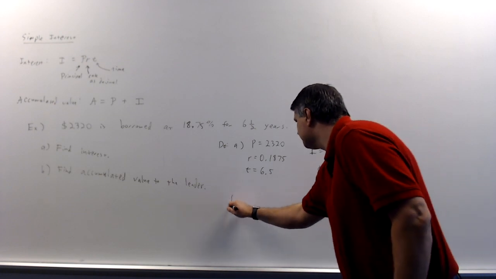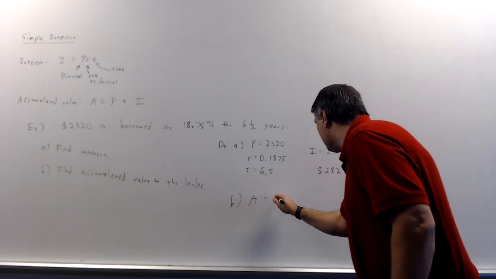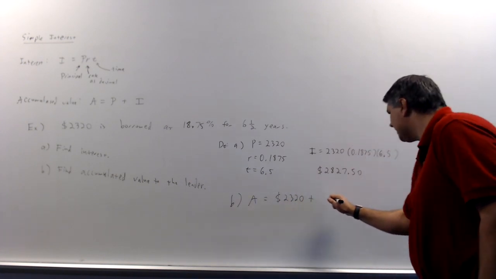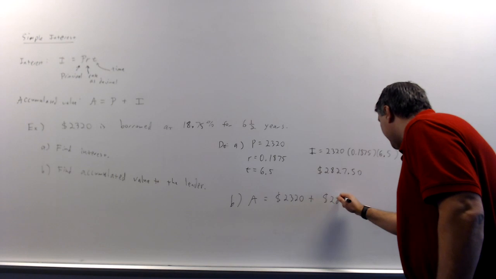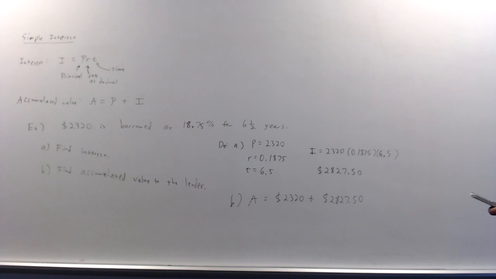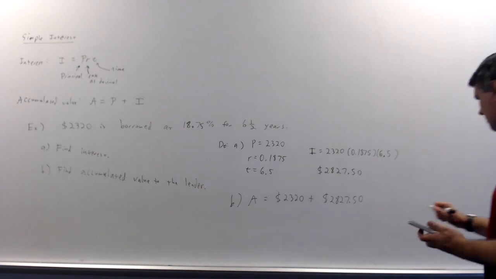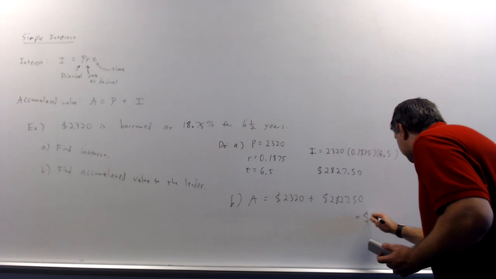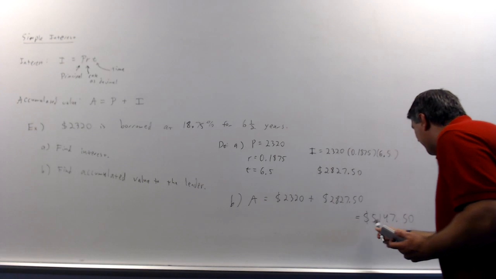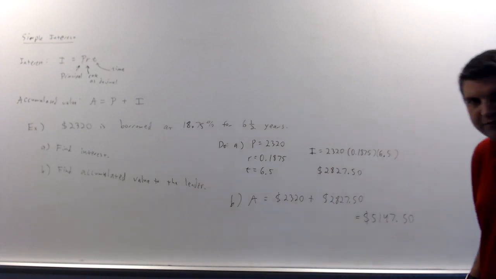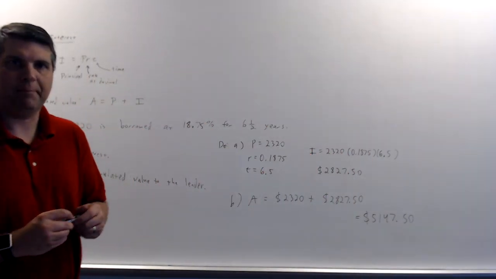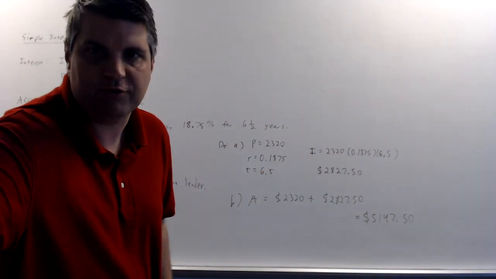B, accumulated value is the $2,320 that will be repaid plus the $2,827.50 equals $5,147.50. Okay? I'm going to pause here and put up other types of interest formulas.